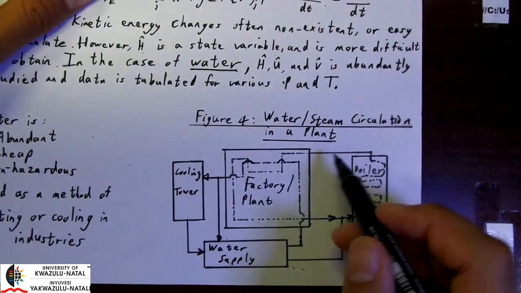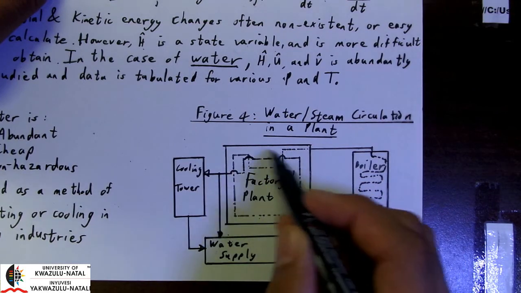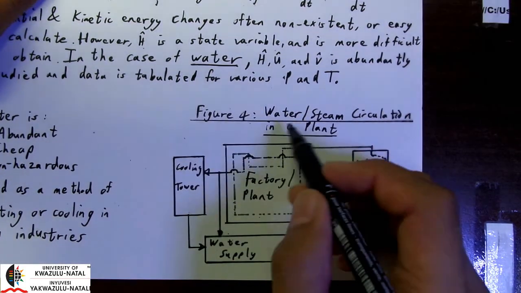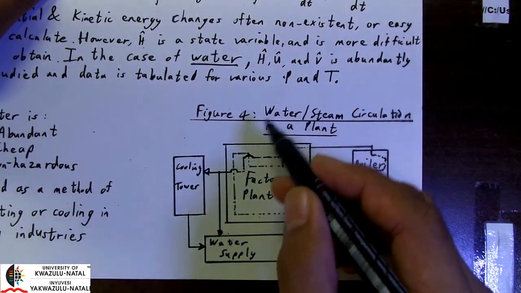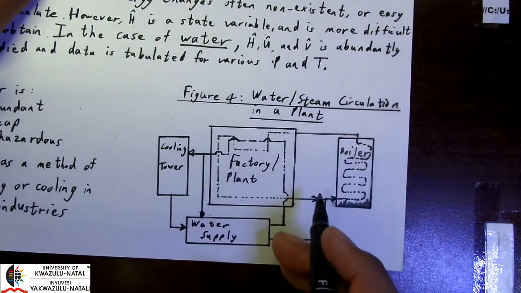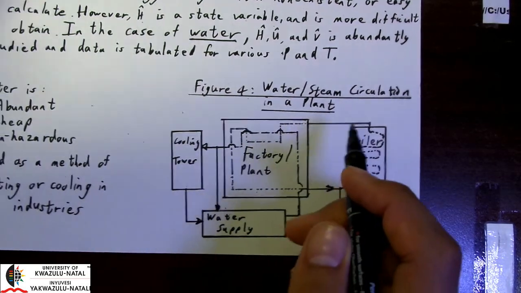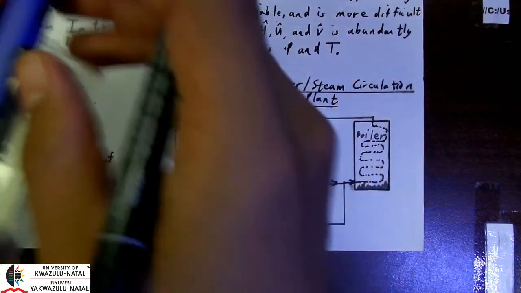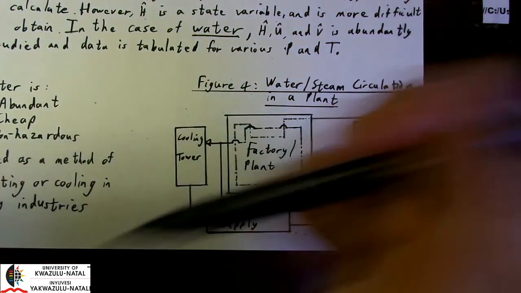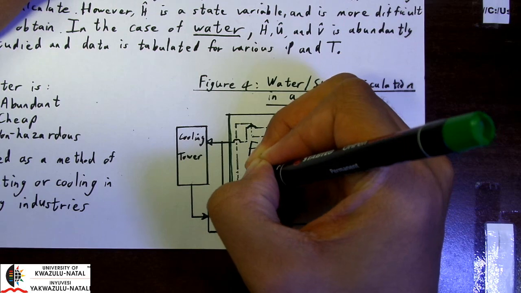So if we look at a general setup of a chemical plant, a factory, which utilizes water for heating and cooling purposes, this is our chemical plant here. Let me try and use some colors.